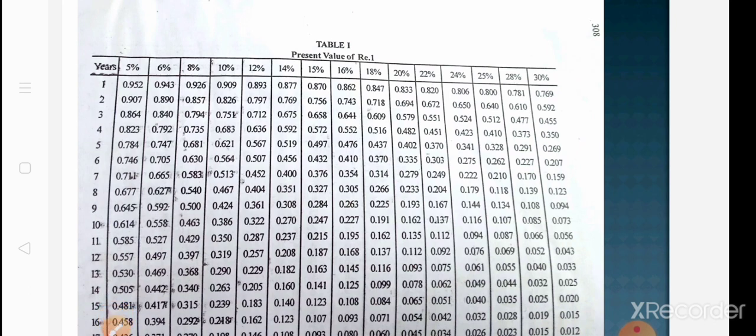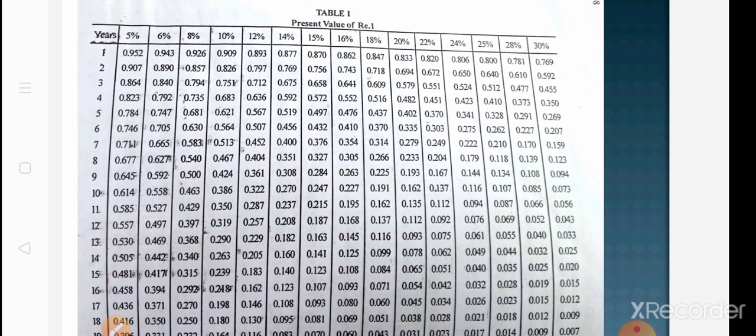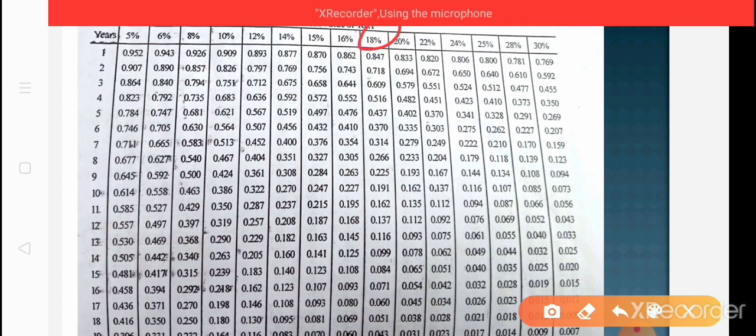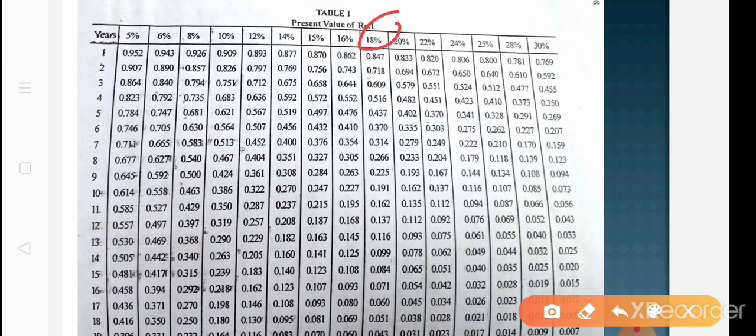Before that, let's go through the present value of rupee 1. The present value of rupee 1 is taken from the present value table. If you have it, please check it. Here in this question, the present value is already given for you, at a 15% discount rate.